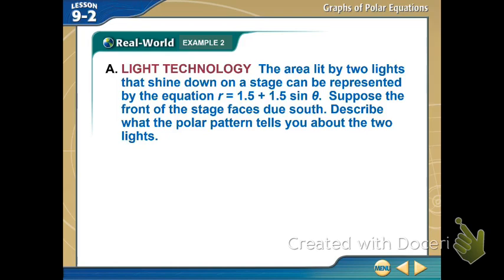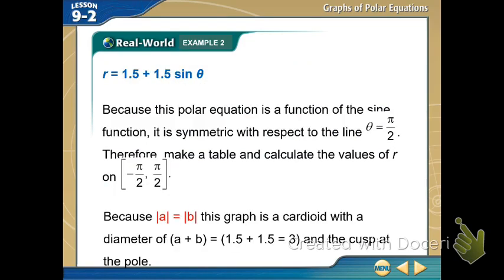All right, so the area lit by two lights that shine down on a stage can be represented by the equation r equals 1.5 plus 1.5 sine theta. So I want to immediately recognize that this is going to be a limaçon of some kind, and then see what I can say about A and B. That'll help me graph it. In this case, I notice that this is a sine function, right?